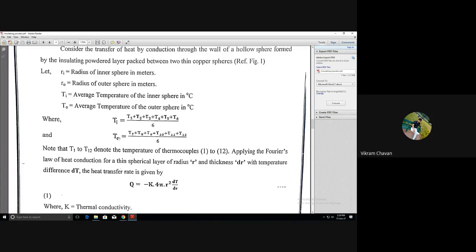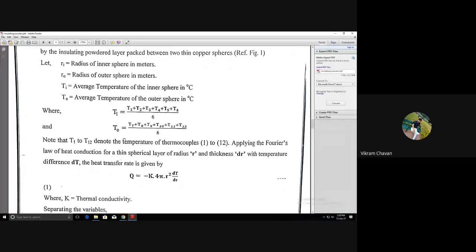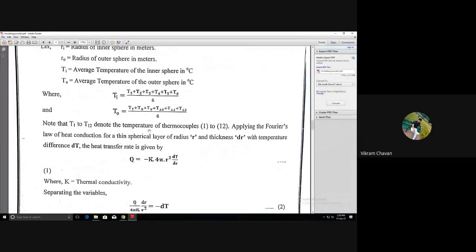Now further, how do we determine the thermal conductivity of that particular powder? That is the most important part of the calculation.